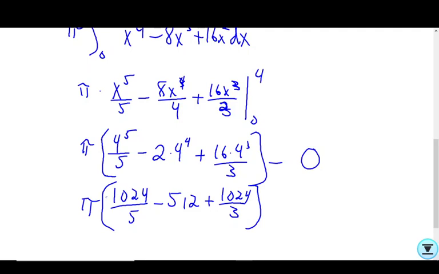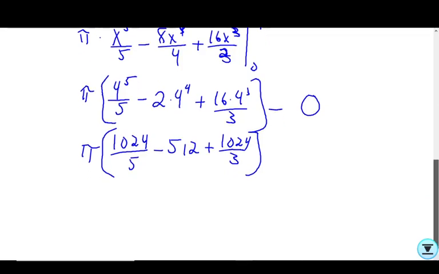Okay, so now it's about getting common denominators and simplifying. Your common denominator is going to be 15.